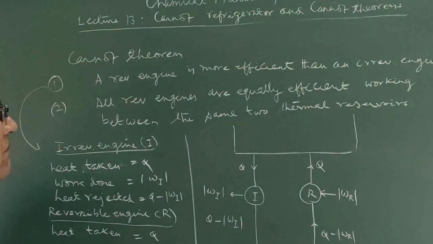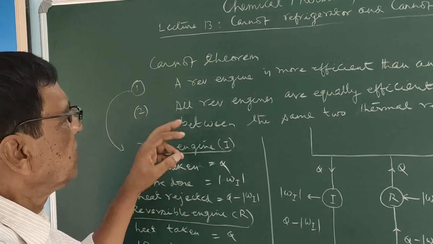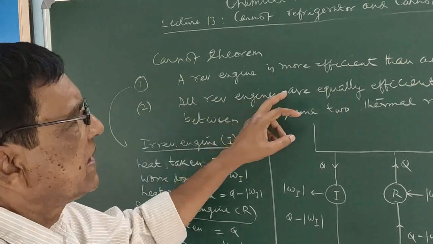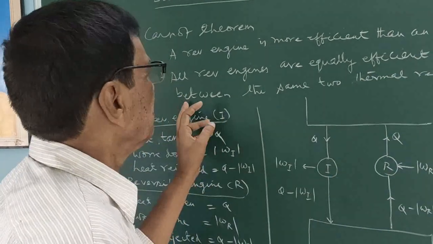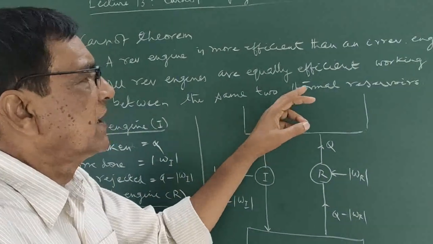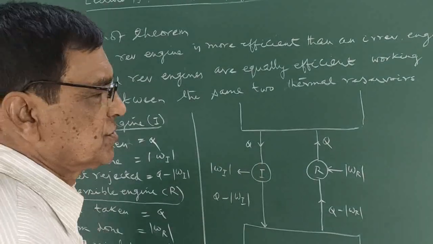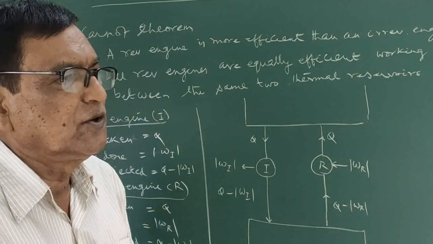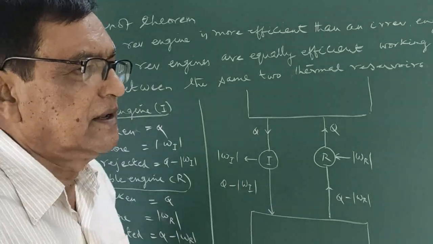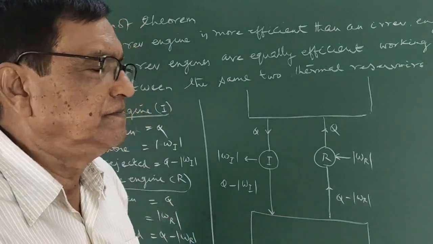This is one theorem. And the second theorem: all reversible engines are equally efficient when working between the same two thermal reservoirs. For both cases, we try to explain by putting some logic.